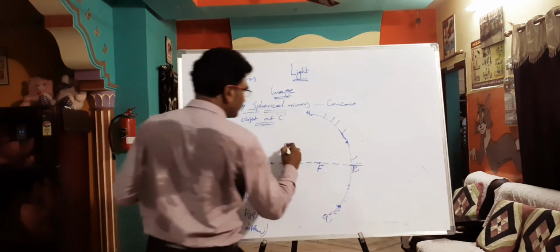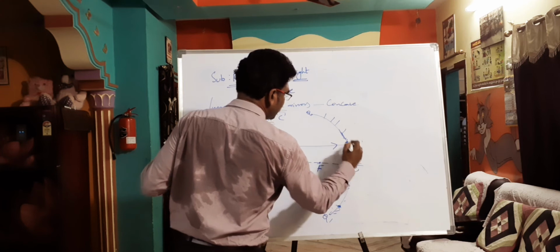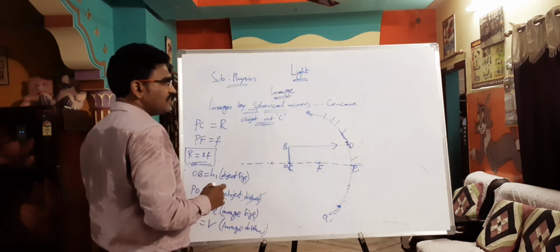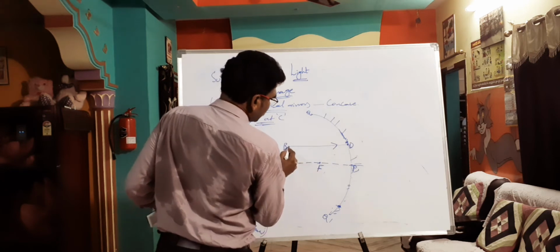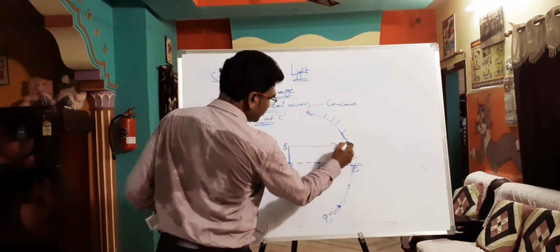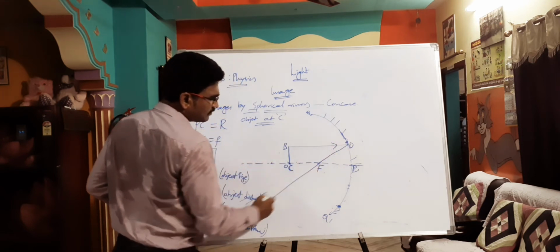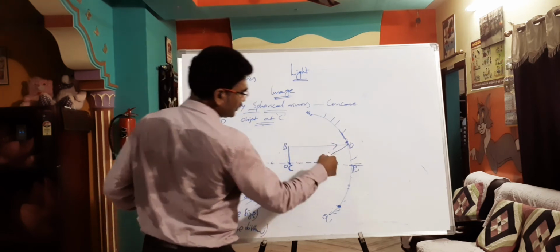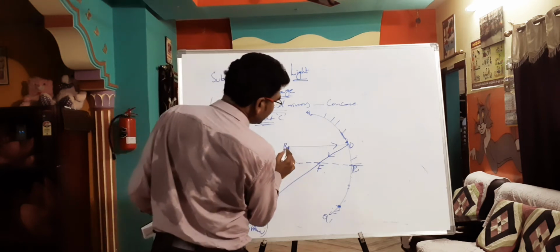So you see here, this is D. I will take BD as one incident ray. How will it reflect? Again, it will pass through the principal focus. Another incident ray I have taken.